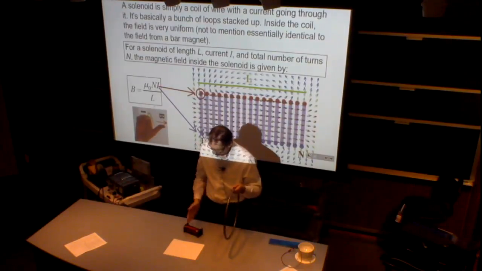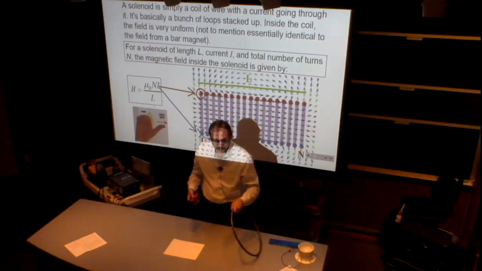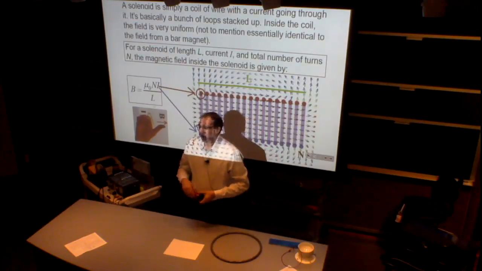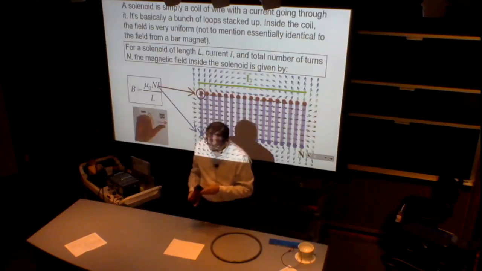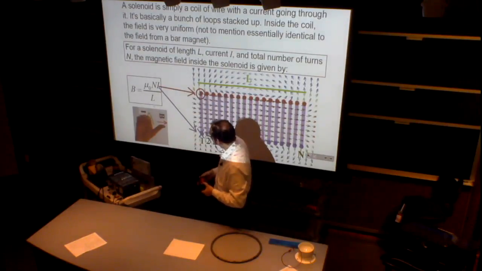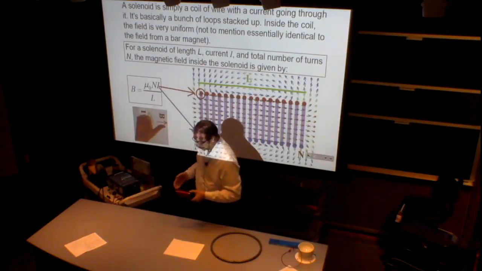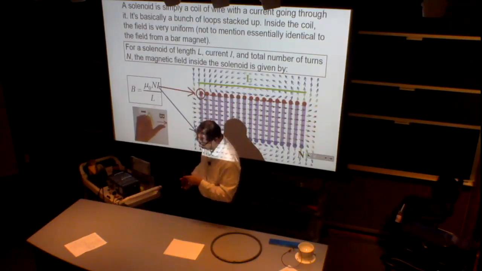So if you have many loops like that, to calculate the total magnetic field, we just have to add them up, and that's the result. And this, well, we just multiplied by the total number of loops.